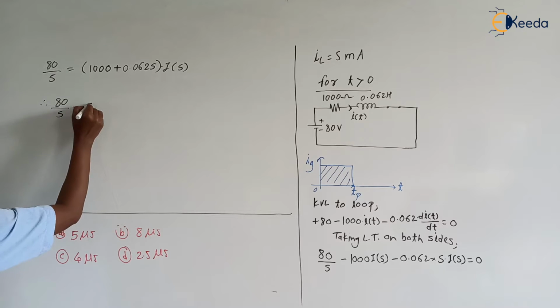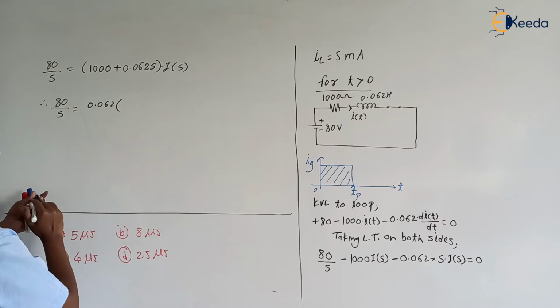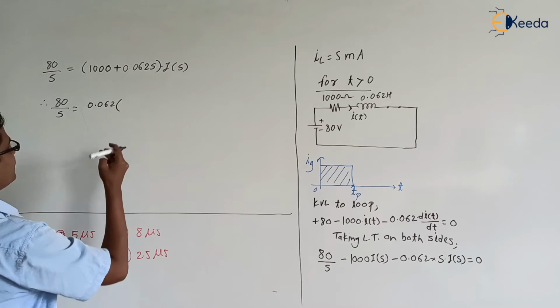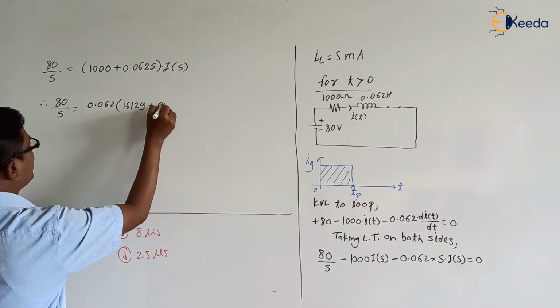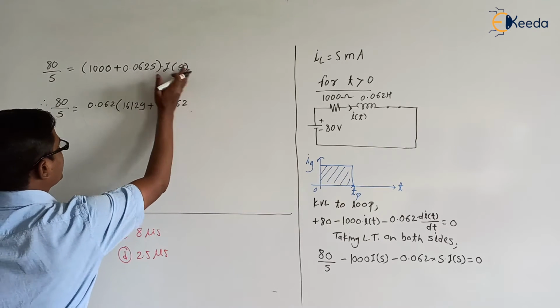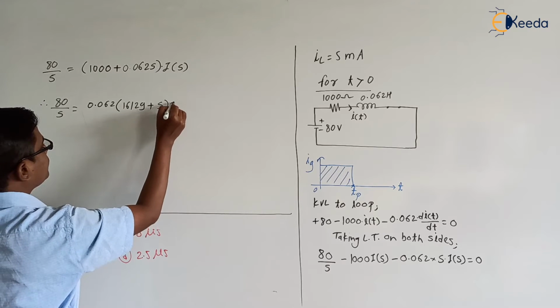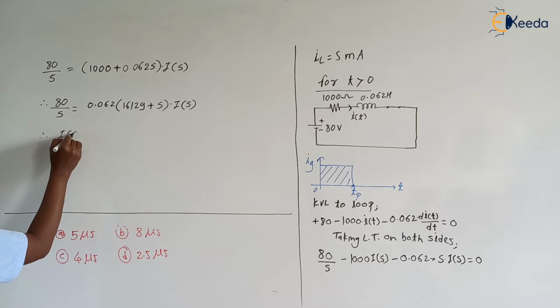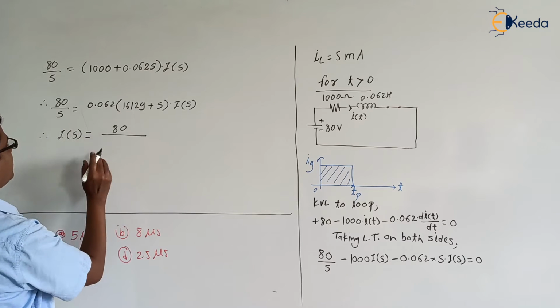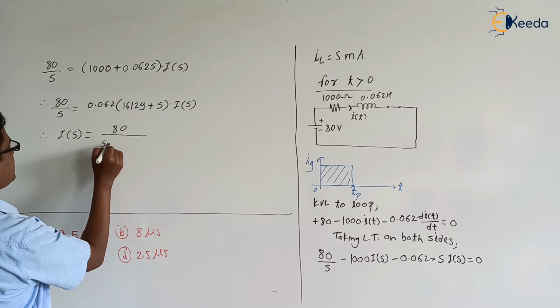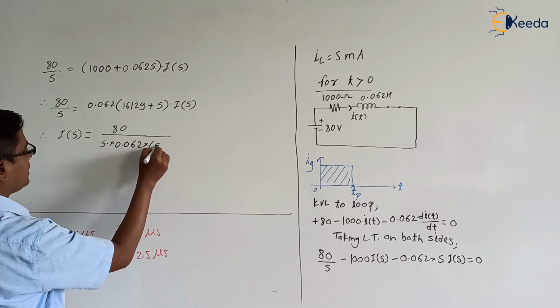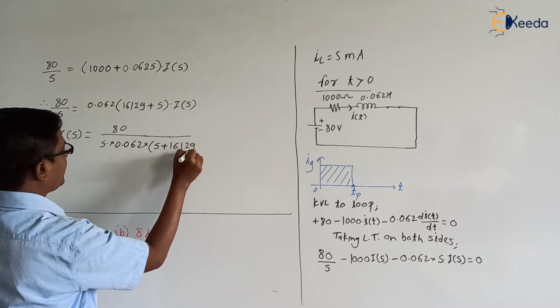Therefore 80 by s is equal to 0.062 into 1000 upon 0.062, that is 16129, plus s, because we have taken 0.062 common, into I(s). Further, I(s) is equal to 80 upon s into 0.062 into s plus 16129.